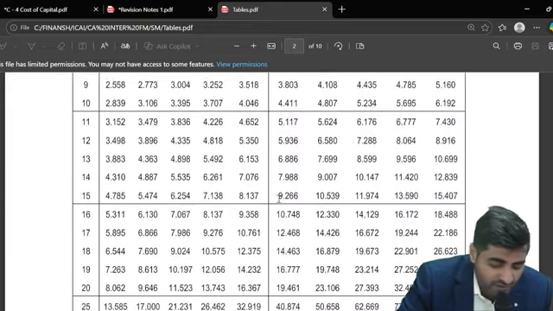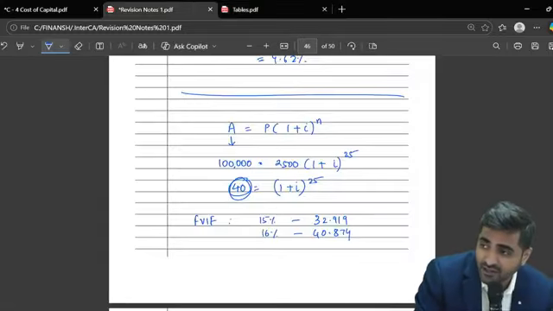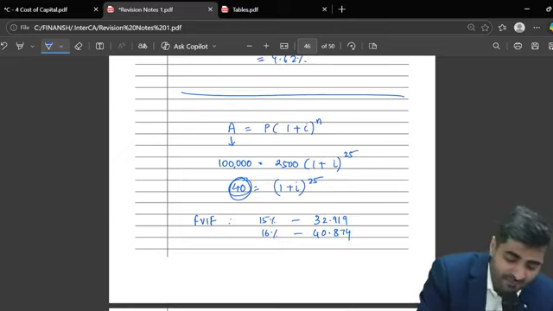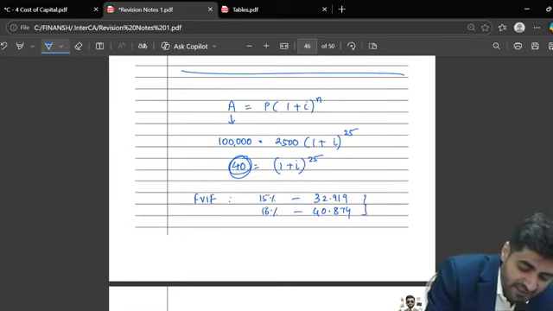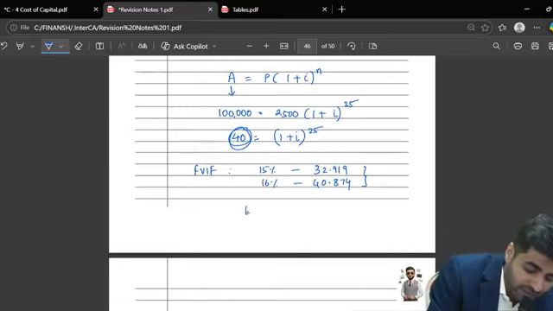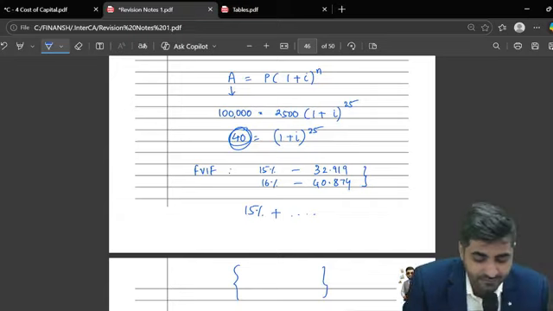So in this particular case, at 15% my factor is 32.919. At 16% my factor is 40.874. Is my interest rate somewhere between 15 and 16? Can I use interpolation? Interpolation: 15% plus something. Between 15 and 16, what's the gap?